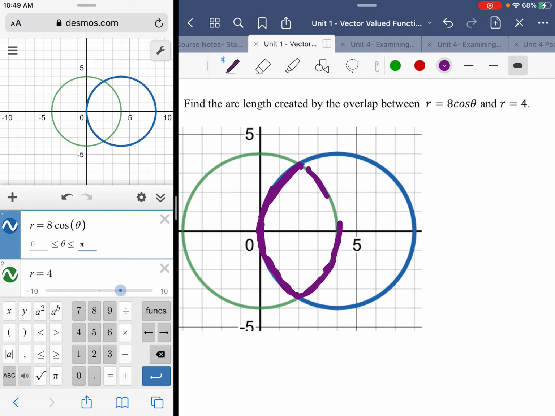So if we really break this down appropriately, it looks like we're dealing with 4 congruent pieces. Based off of symmetry, if I could just figure out one of them, then I'll have what I need. Because we're looking at 2 congruent circles, both of them have a radius of 4. How do I know that?